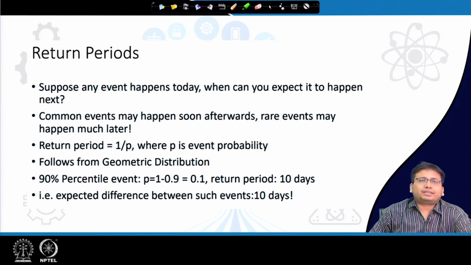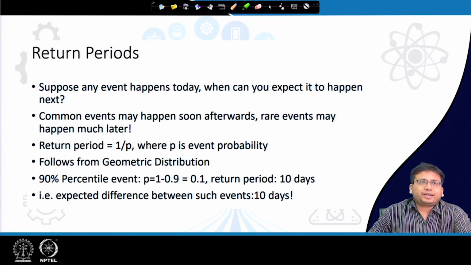The general idea is that common events may happen soon afterwards, but because rare events are rare, we think it's unlikely that they will happen again once they have happened. It's something like saying that lightning does not strike the same place twice.